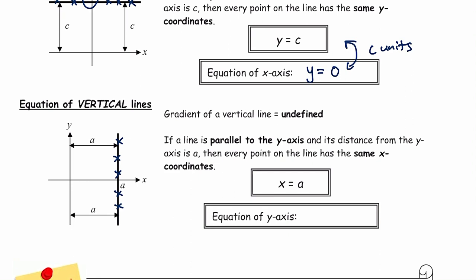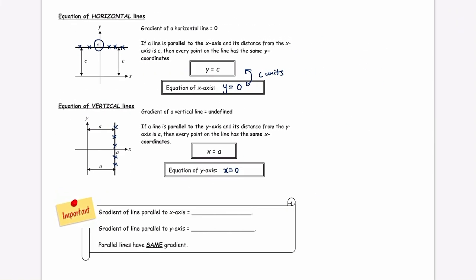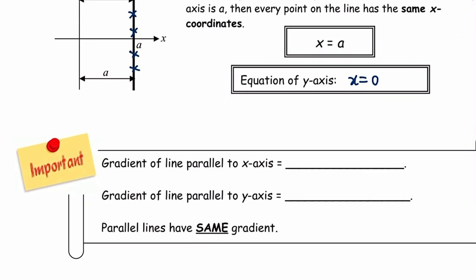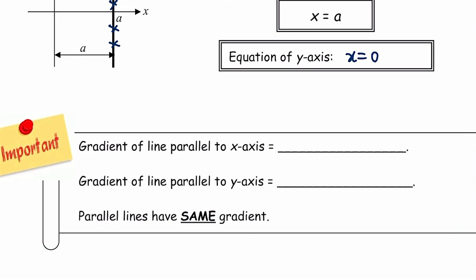And the equation of the y-axis being x equals 0, right? And this means that this vertical line x equals a is a units away from x equals 0. Okay, so last thing, a very important fact, is the gradient of the line parallel to the x-axis.